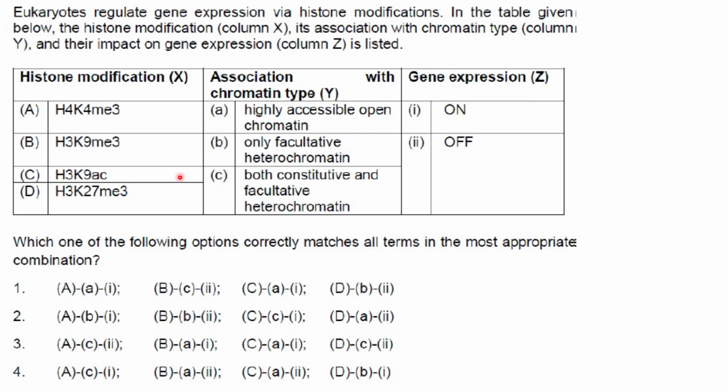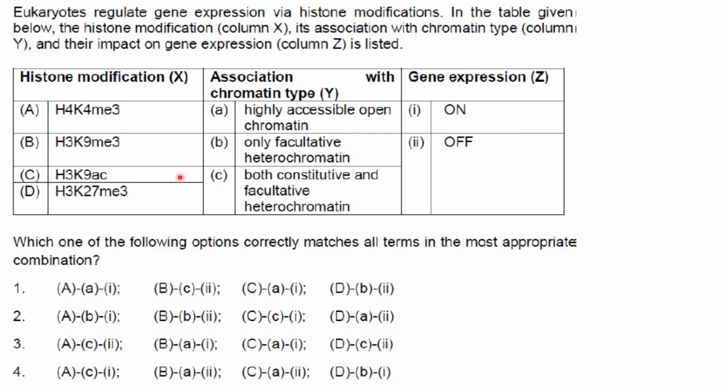So histone modifications can be methylation or acetylation, and because of this histone modification, the structure of the chromatin will be altered. In some cases it will result in the DNA becoming accessible to the transcriptional machinery, and in other cases the opposite will happen.